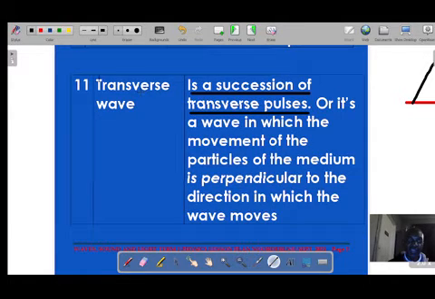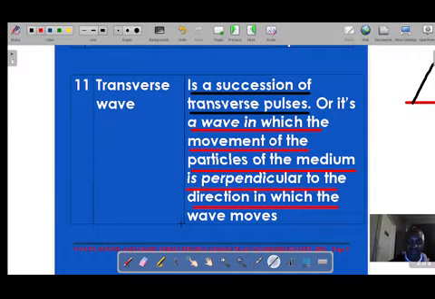Or you can say that a transverse wave is defined as a wave in which the movement of the particles of the medium is perpendicular to the direction in which the wave moves.